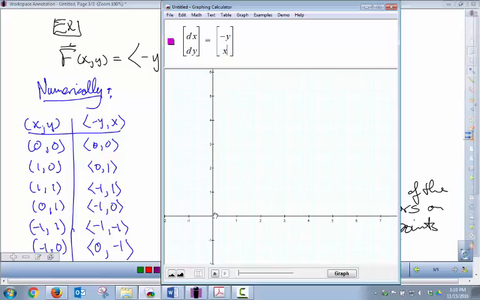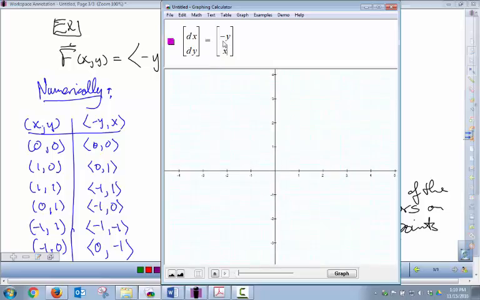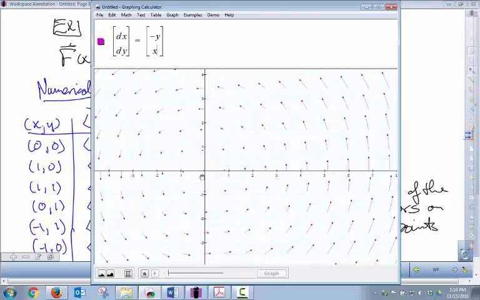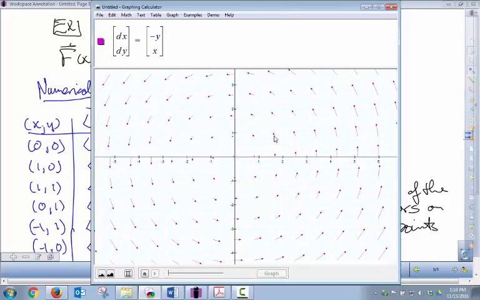So this is the vector field that we have, -y, x. And then if I ask it to graph, you see that it goes around in a counterclockwise direction. So the tricky part is that it's hard to see the components and see how long these vectors are, because the graphing program has to adjust for the size of the vector.